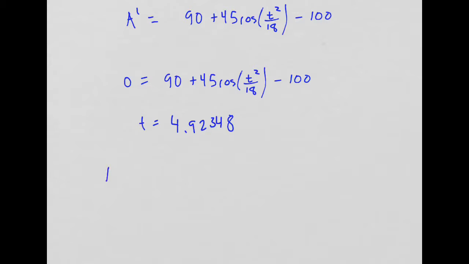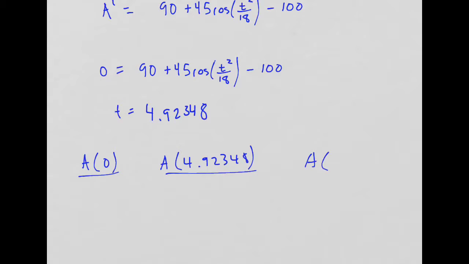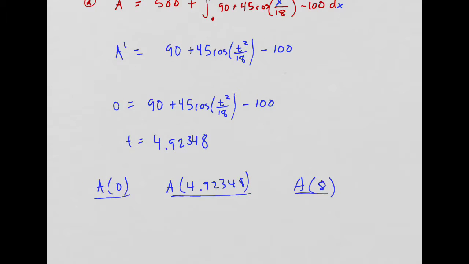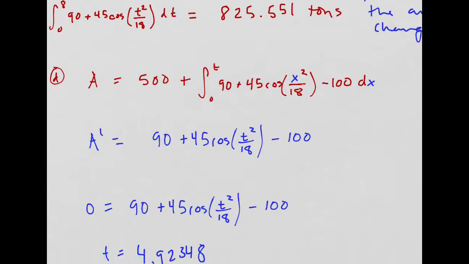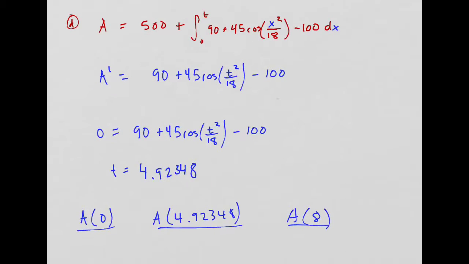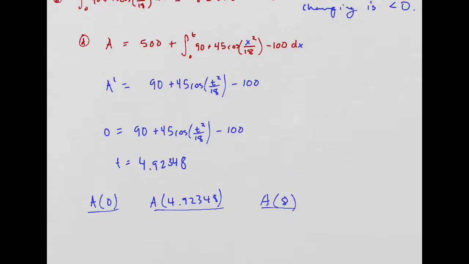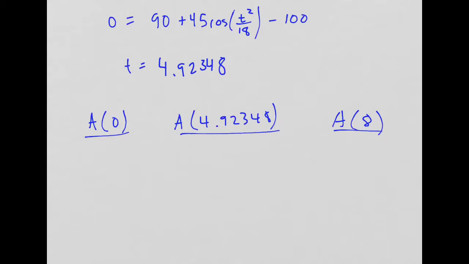So A of 0 will equal something. A of 4.92348, and also A of 8. I'm just plugging t into my calculator. I can do this integral part in my calculator. You couldn't do that by hand, because of the t squared.